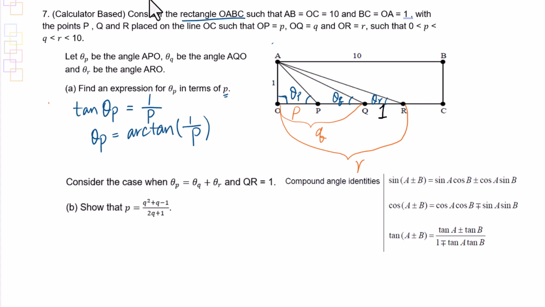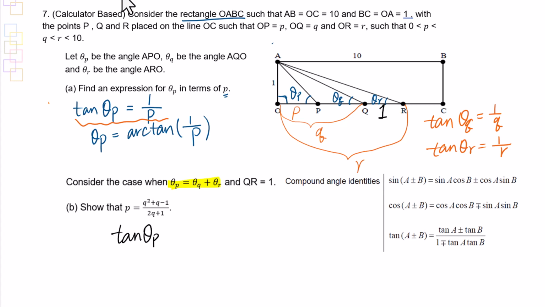We can also use SOHCAHTOA to figure out tangent theta Q equals 1 over Q. Tangent theta R equals 1 over R. Since tangent theta P equals 1 over P, for this equation, we can take tangent of both sides.